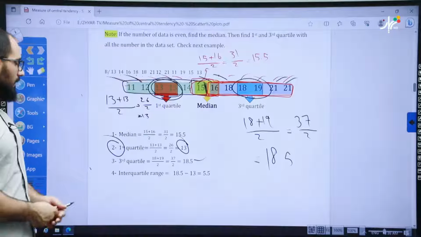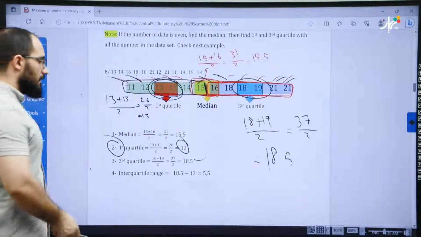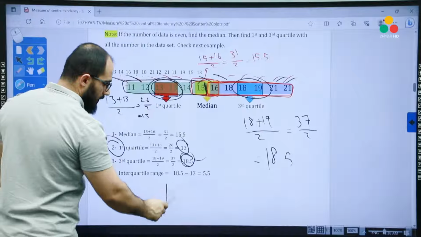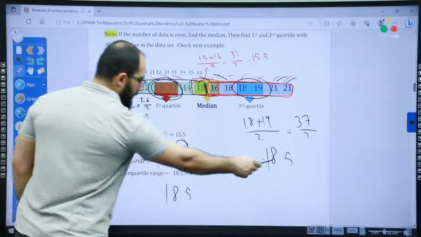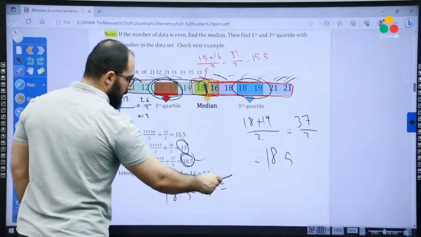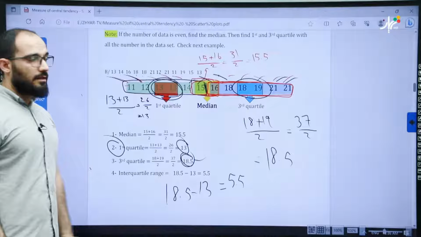Finally, we want to find the interquartile range. The third quartile is 18.5, minus the first quartile, it's going to be 5.5. This is the interquartile range.